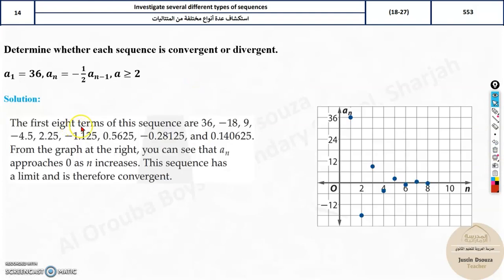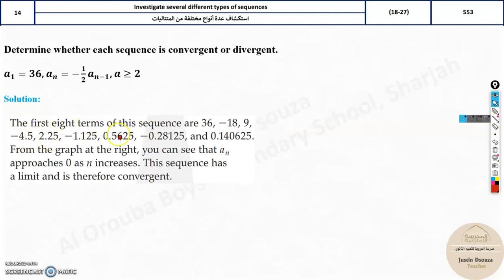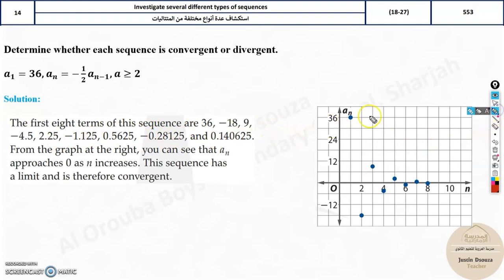So now over here, if you look at it, you will get some negative values, some positive values. That's fine. But if you plot those points, what's happening? There is a variation, huge variation. It's jumping up, down, but eventually it'll come close towards 0. So here the R value, the common ratio we got, is half, isn't it? It's basically negative half.